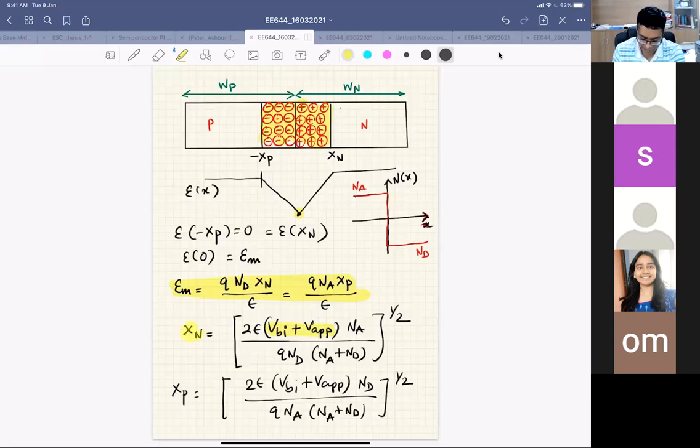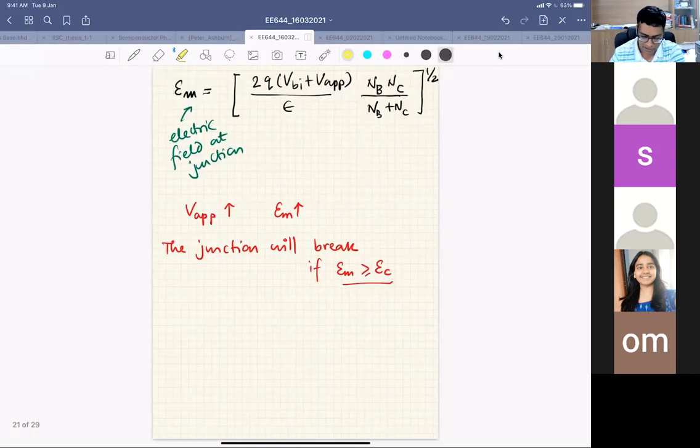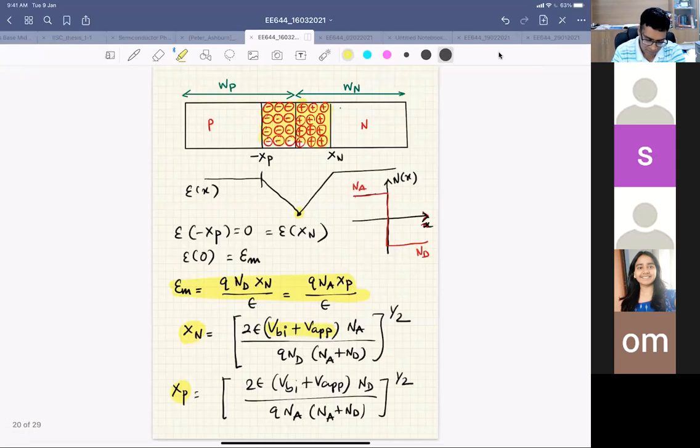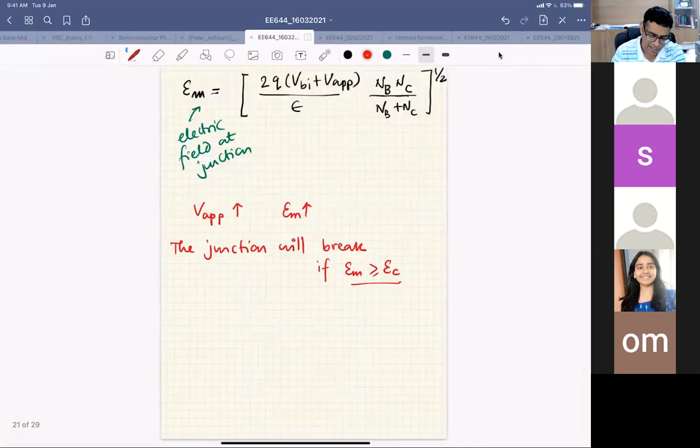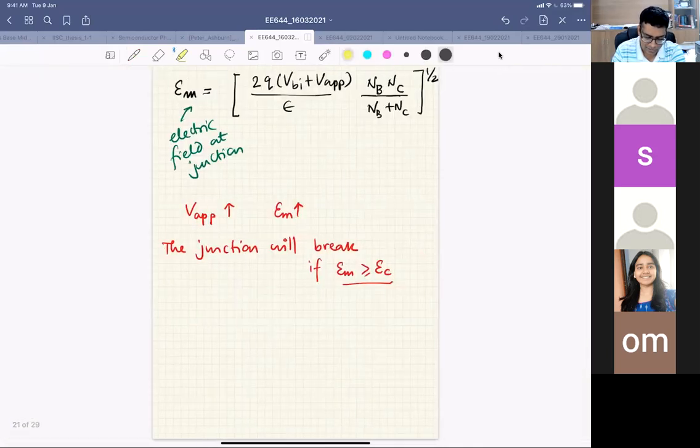We derived the depletion region in the N side and in the P side. I'll not go into that now, but if you look at these, your Xn and Xp depend on the doping, right? So from here, using these in the equations, I could write down the maximum field, the field at the metallurgical junction, in this way.